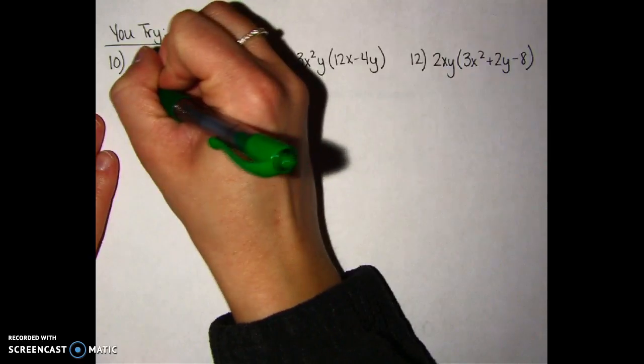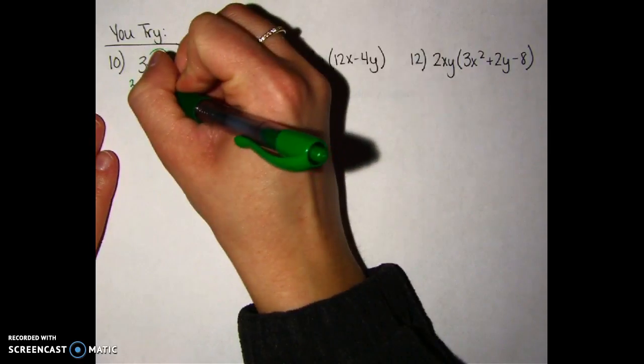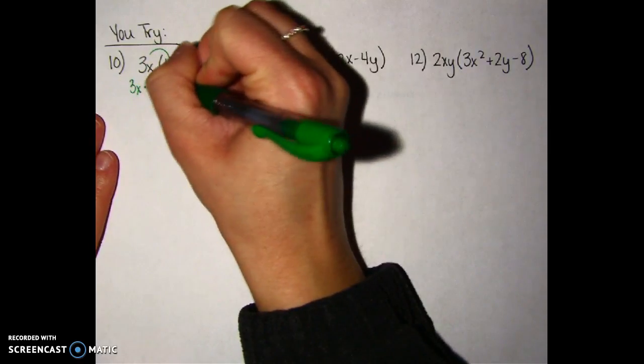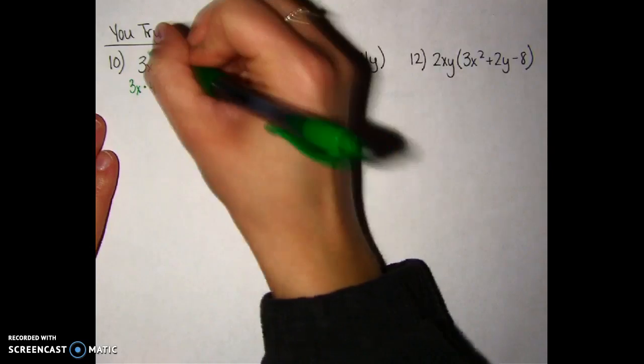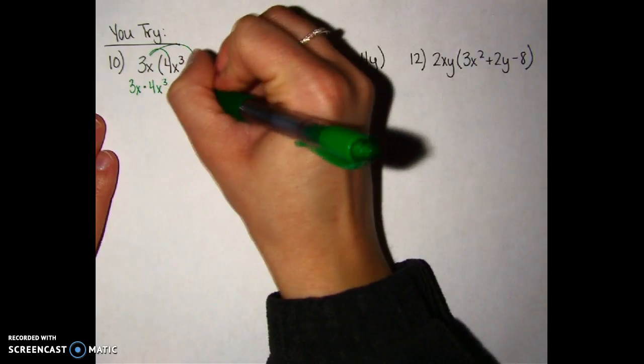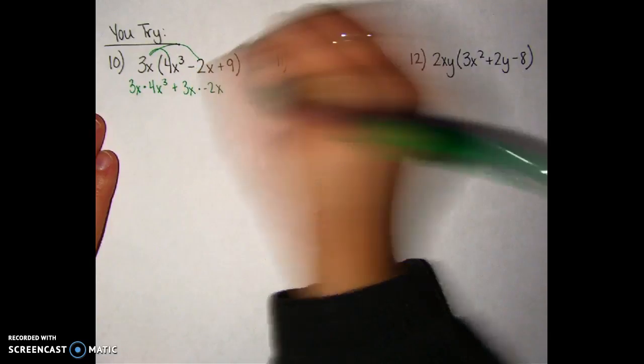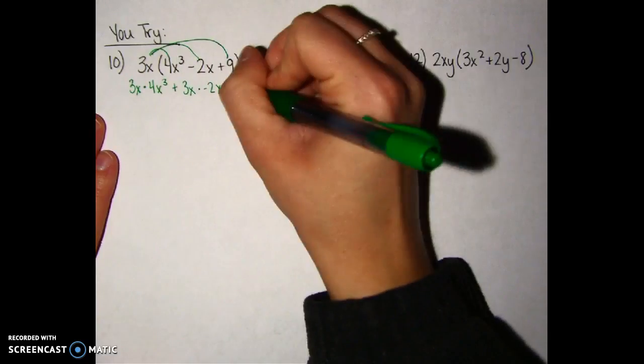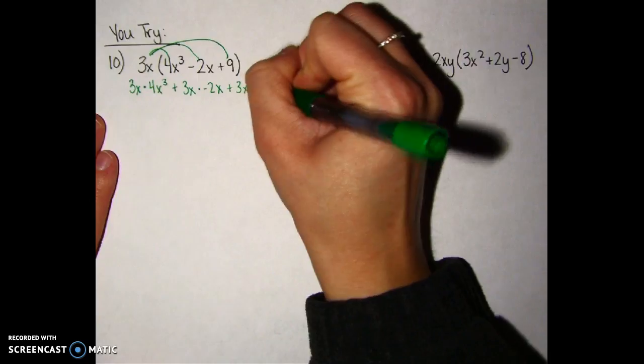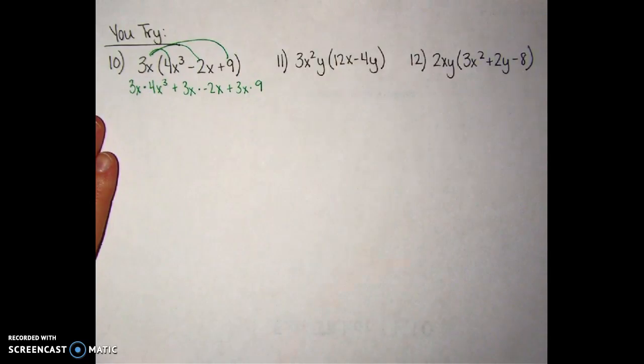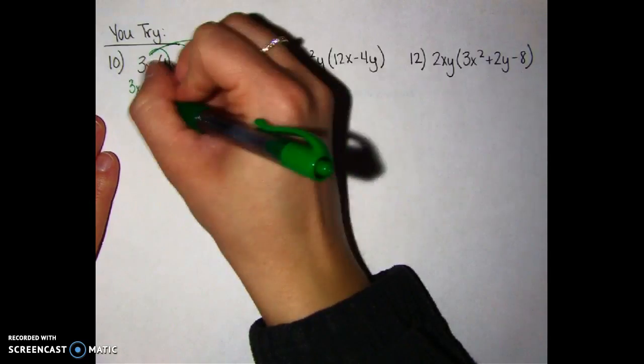So this is 3x times 4x cubed plus 3x times negative 2x plus 3x times 9. Okay.